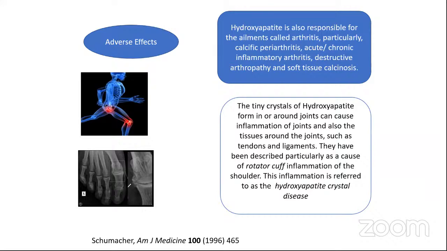We have just praised hydroxyapatite for different applications, but there is also a darker side of hydroxyapatite. Hydroxyapatite is also responsible for an ailment called arthritis, particularly calcific periarthritis, acute and chronic inflammatory arthritis, destructive arthropathy, and soft tissue calcinosis.